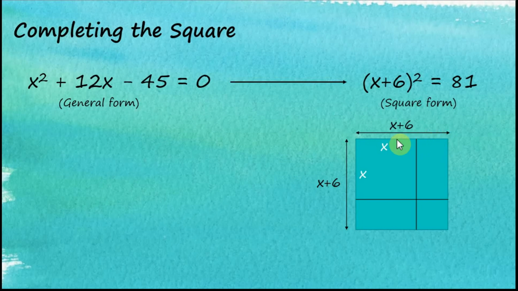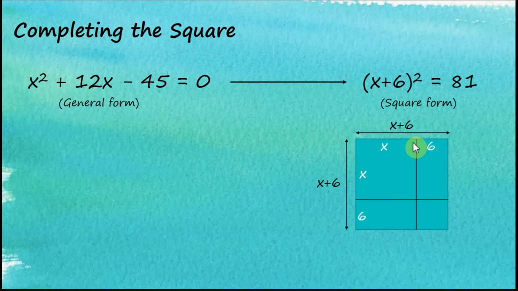What do you think? From this point to this point is x, and from this point to this point is x plus 6, and therefore the length of this part must be 6, right? x and 6, and therefore the length is x plus 6, and so does the width for this part, which is also 6.